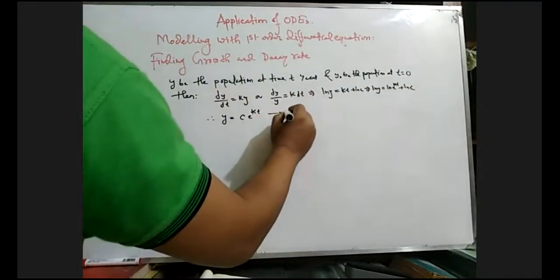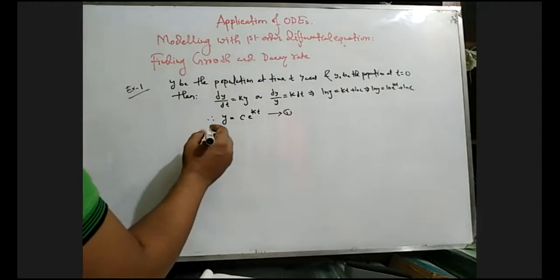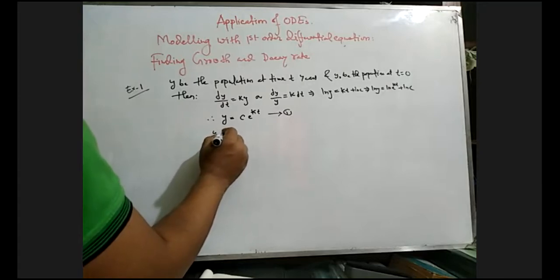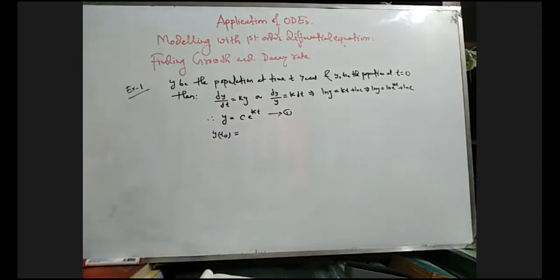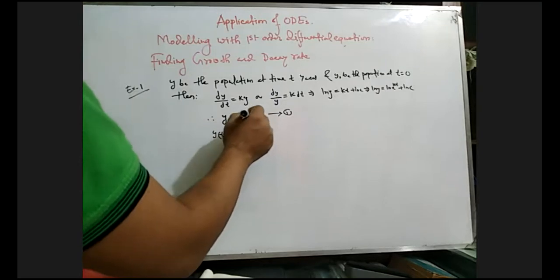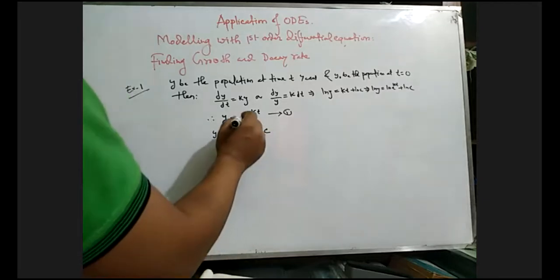This is equation 1. Here, imposing the initial conditions at t equals 0, that means y 0 equals, if you put t equals 0 here, only c, from equation 1.